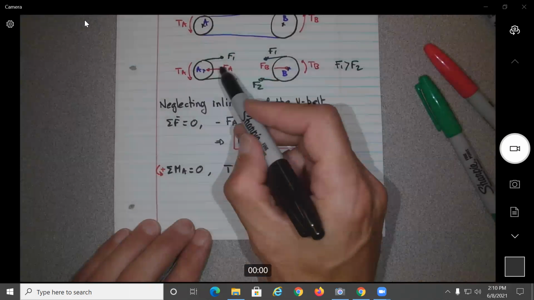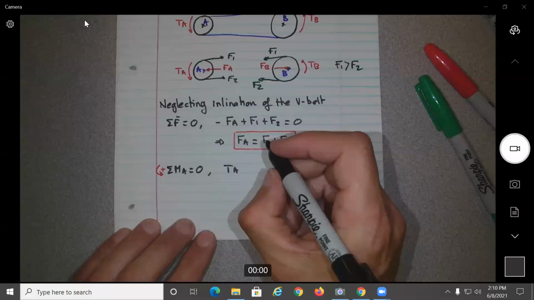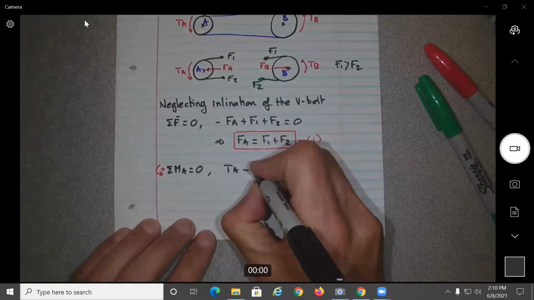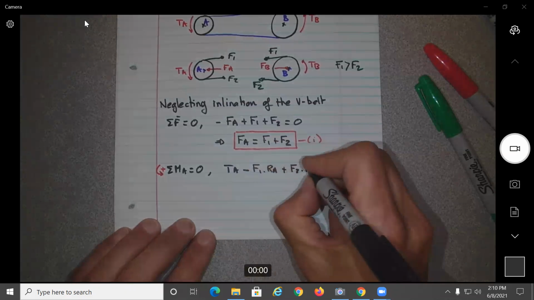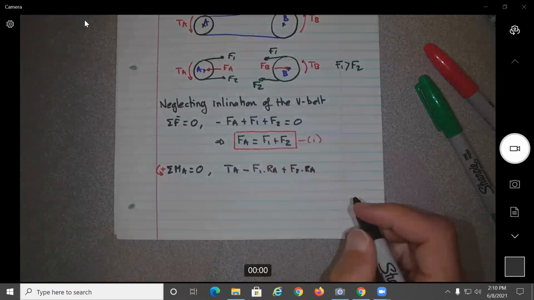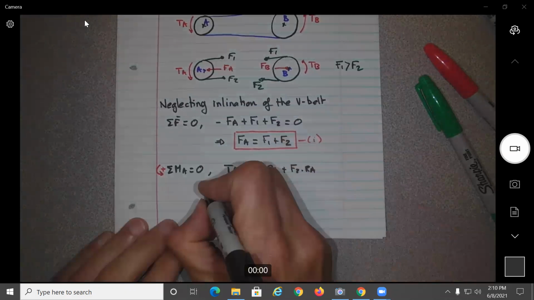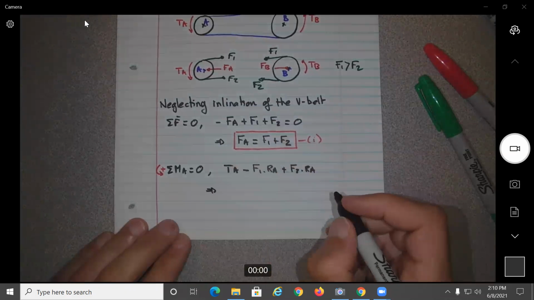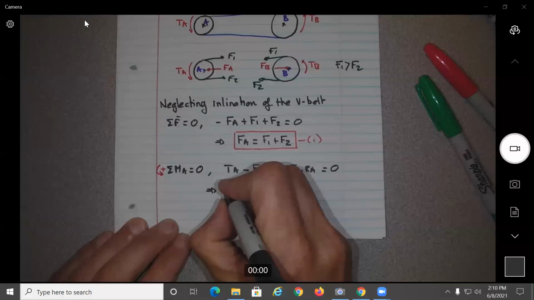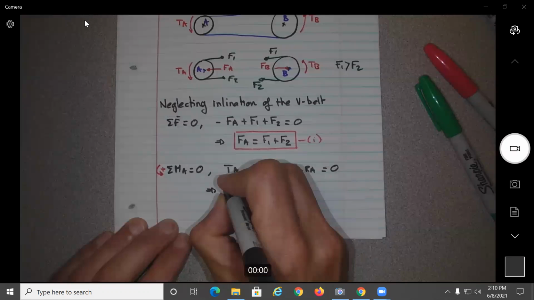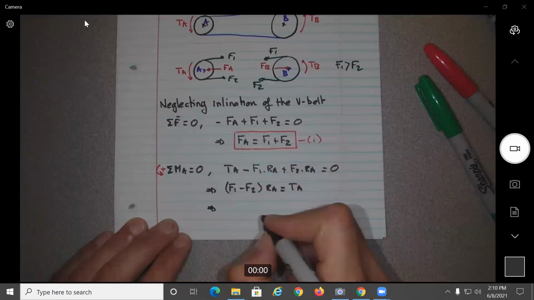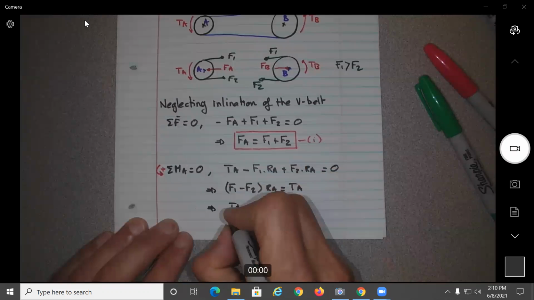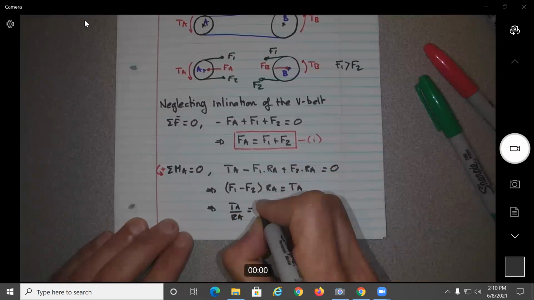T_A will be positive, then this one will be negative: minus F_1 times R sub A plus F_2 R sub A. So this will give you F_1 minus F_2 times R_A equal to T_A, or T_A over R_A equal to F_1 minus F_2.